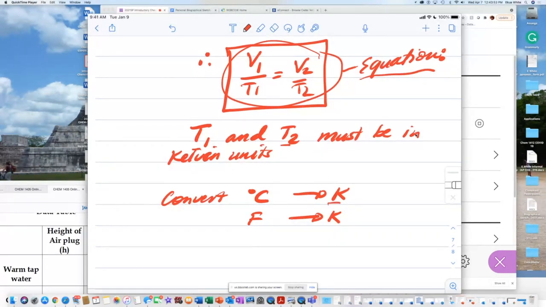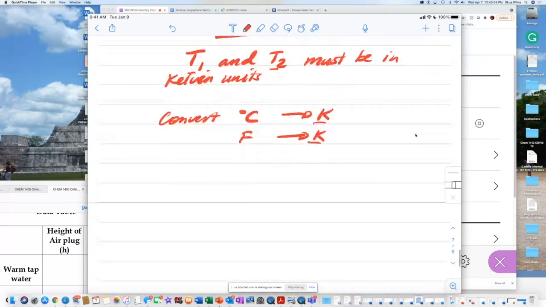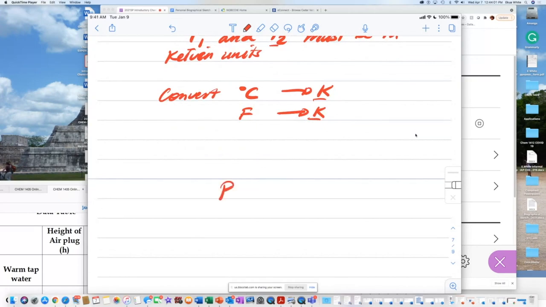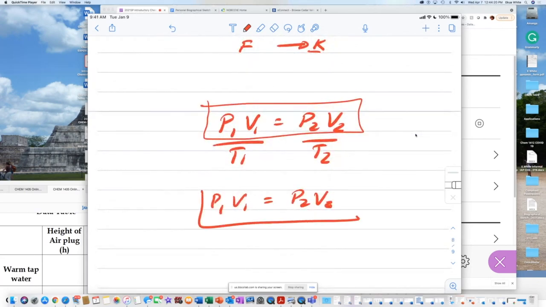Yeah, so the temperature has to be in Kelvin. So with the other one, with Boyle's law, let's see, I guess quickly the combined gas laws. When you combine all three gas laws, you get P1V1 over T1 equals P2V2 over T2. When you take the temperature part out, you get P1V1 equals P2V2, which is the equation you use for Boyle's law.